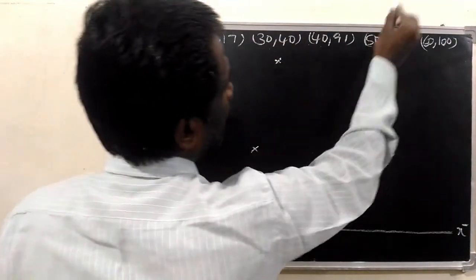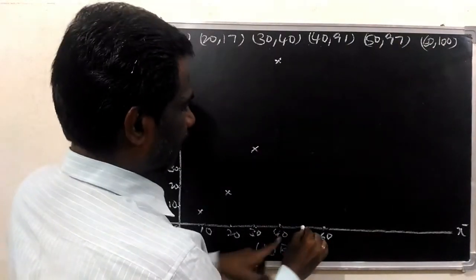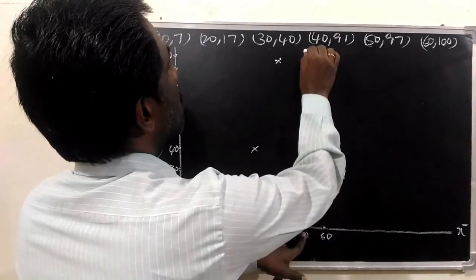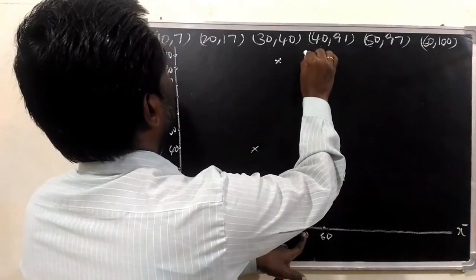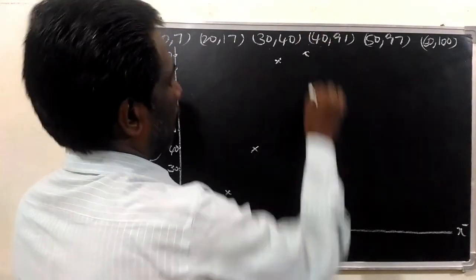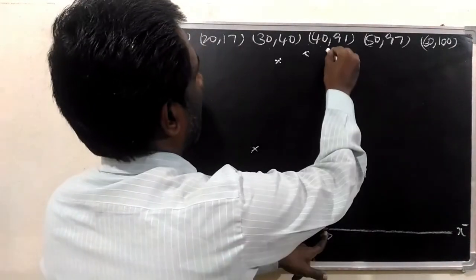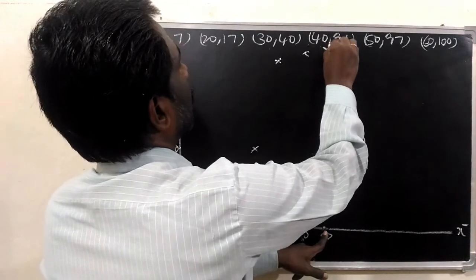And next 50 comma 97: on the X-axis 50 and the Y-axis 97, so below 100. Then on the X-axis 60 and the Y-axis 100, just above this.